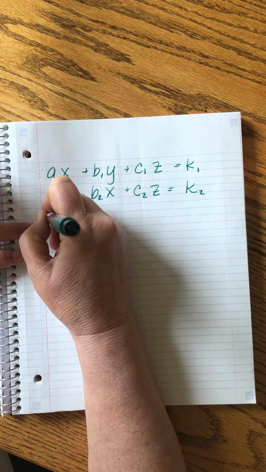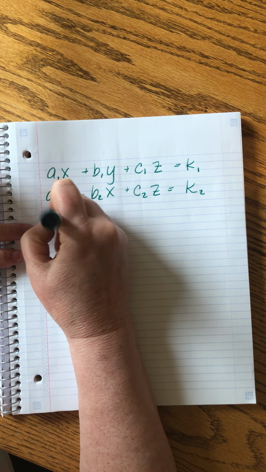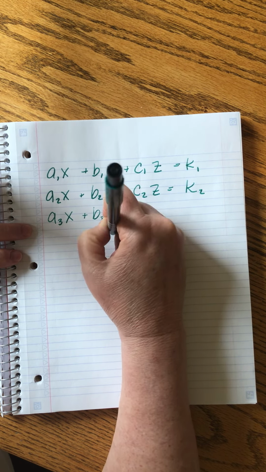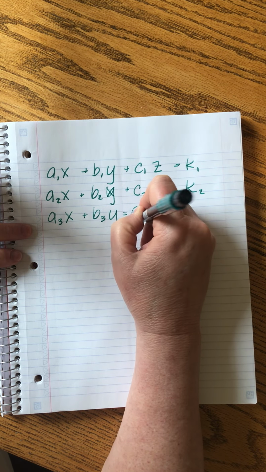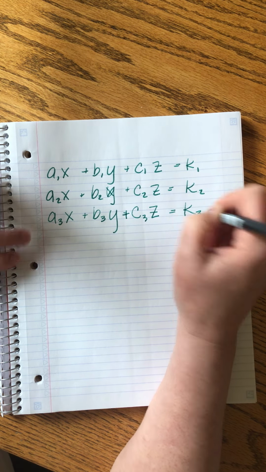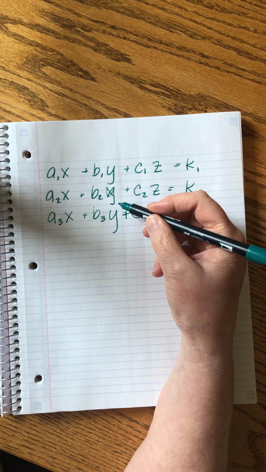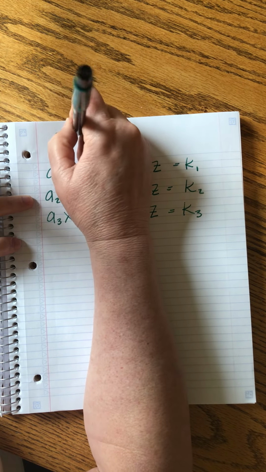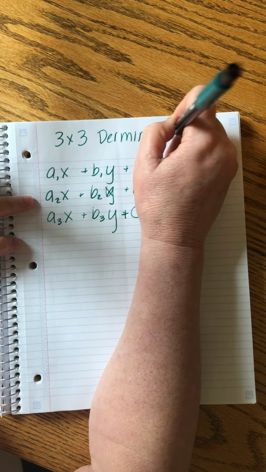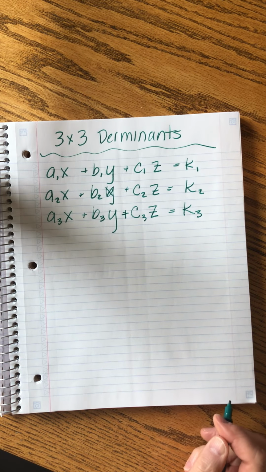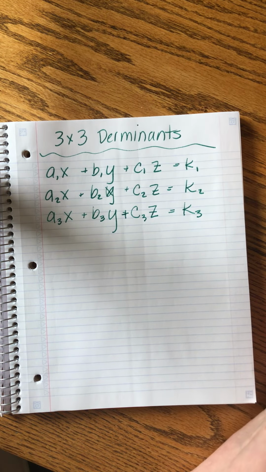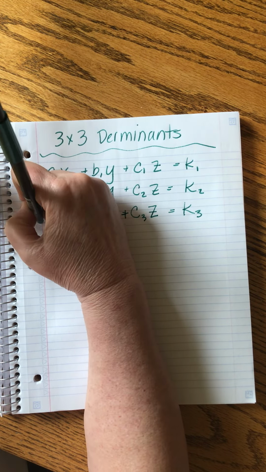And then a third one. 3 variables, we need 3 equations. A3x plus B3y, sorry, plus C3z equals K3. Let's pray I got all of this right. This is when we're actually getting into the 3 by 3 determinants. Okay, so we've switched gears from our 2 by 2 application to now we're doing our 3 by 3. This is the system that we'll use to develop it.